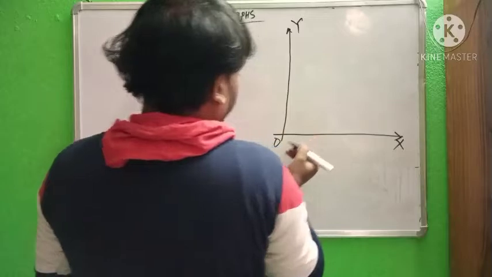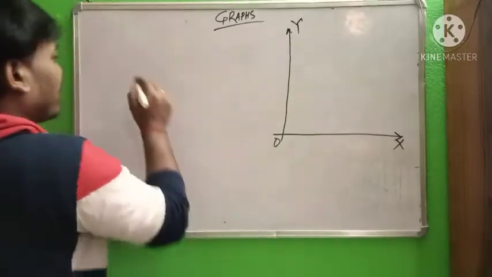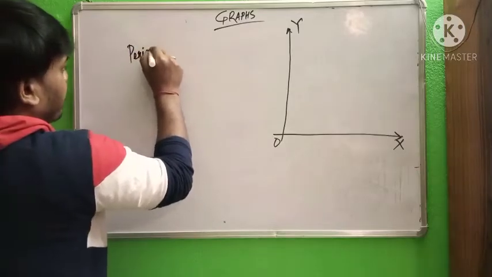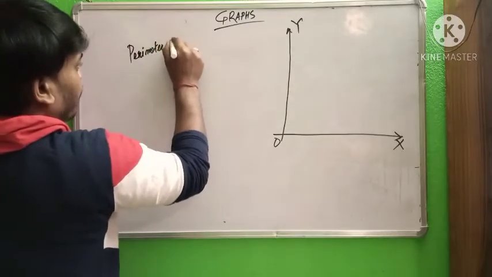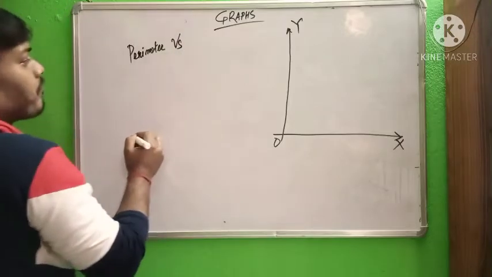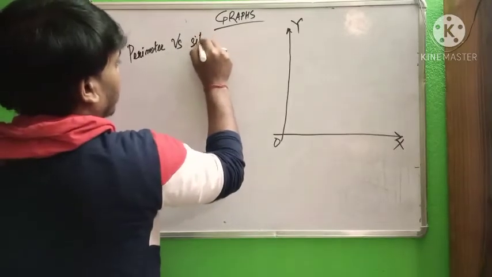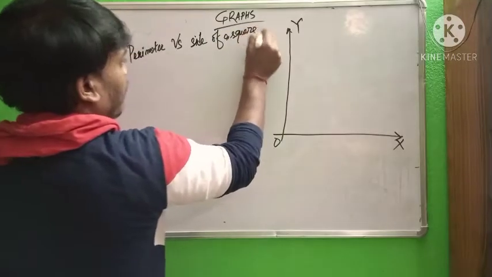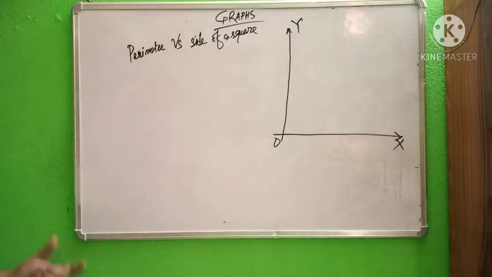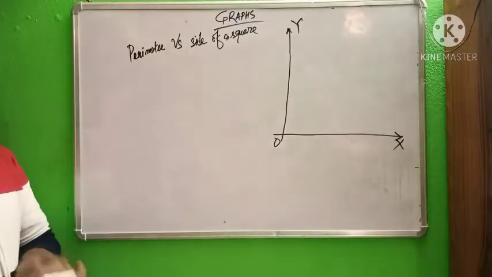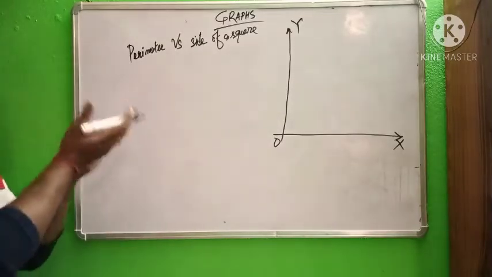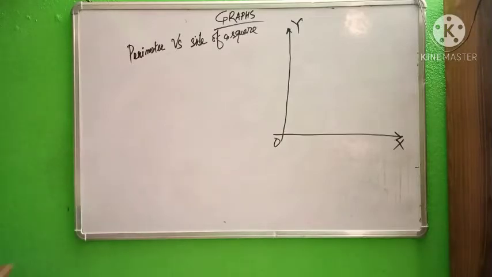Okay, so for example, if we draw the graph of perimeter versus side of a square, then which type of graph will come? Okay, we will see now.